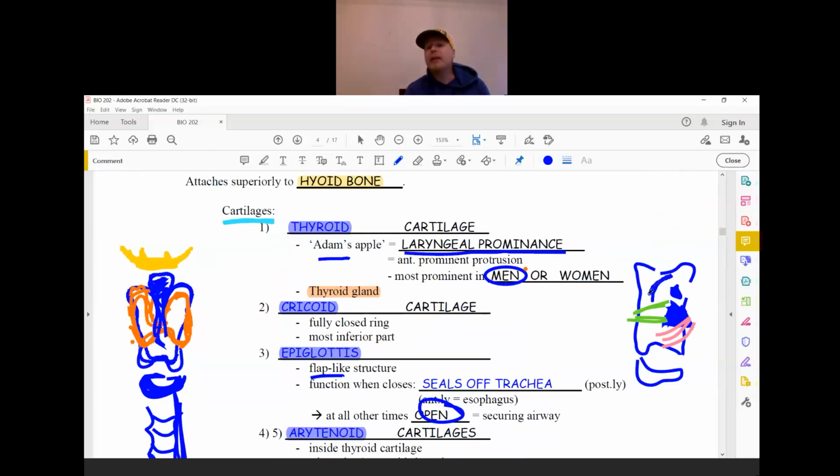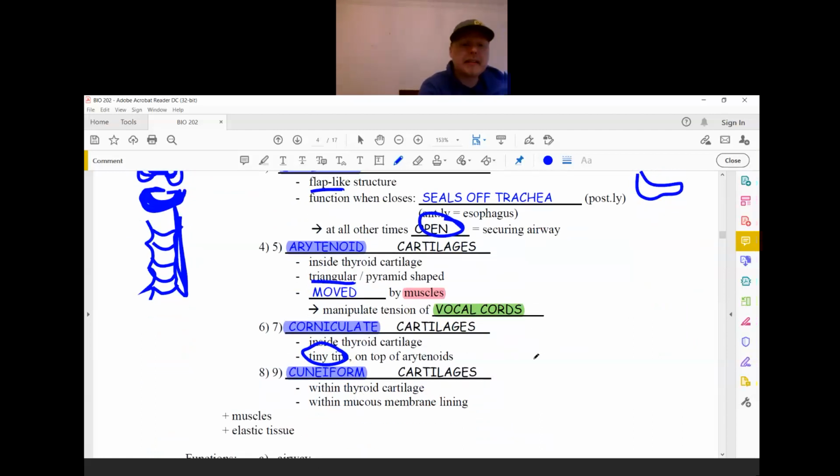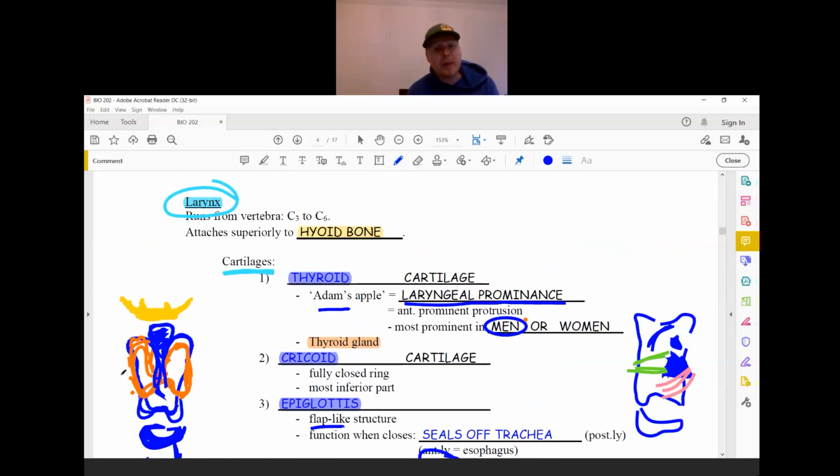They're just located within the wall in there. In addition, as I said, there's a bunch of muscles, elastic tissue, soft tissue that contribute to our larynx, but we are focusing on the cartilages in this discussion.